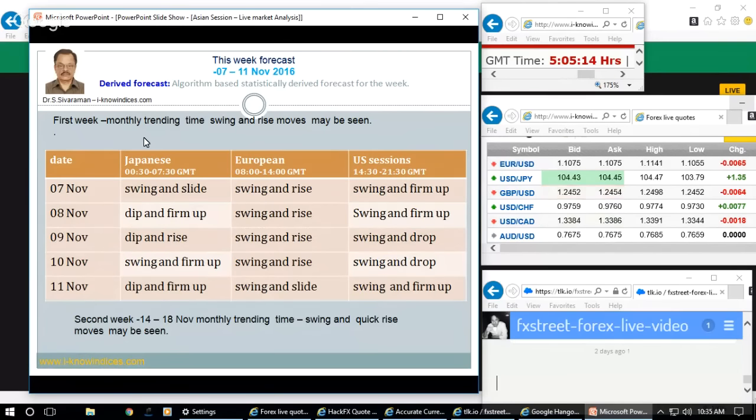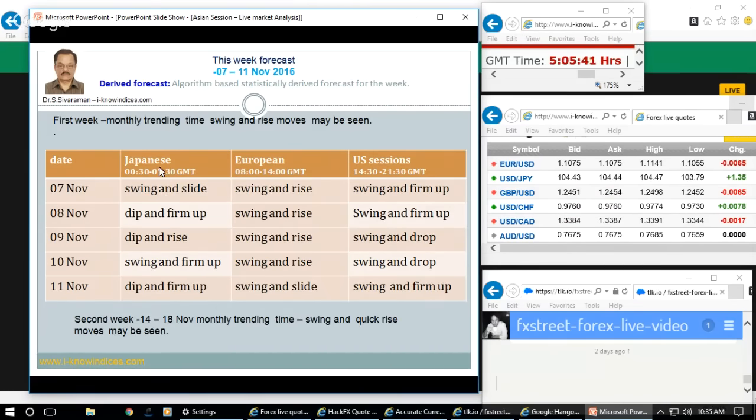They made the drop quickly and also the rise quickly, alternating moves in order to trap the traders on either side. Now, from this week onwards, they are expected to make less drop and more rise moves in the market. As a result, we'll come across the week beginning false move today, being the first day of the week.